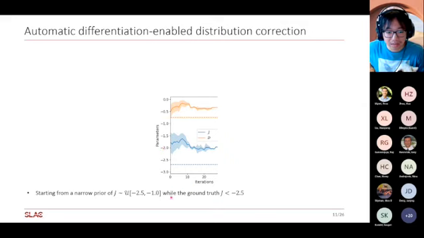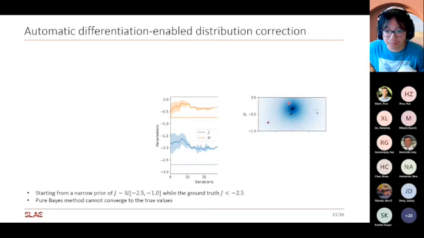Let's say we are looking at the example where the true value of J is below -2.5, but we are starting with a prior that excludes the true value. And we will find that after 20-ish measurements, our parameter estimation is still very far from the ground truth. And if we look at the estimated parameters, we will find the majority of them get stuck at this wrong region.